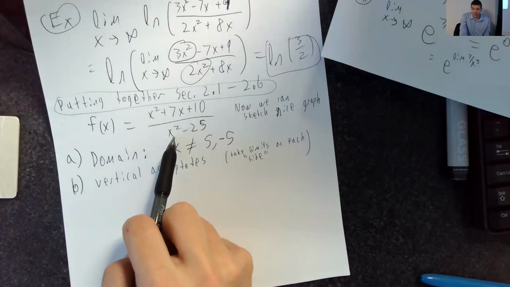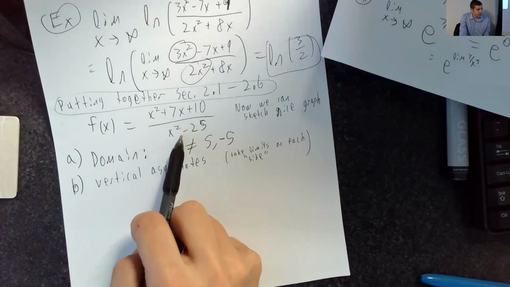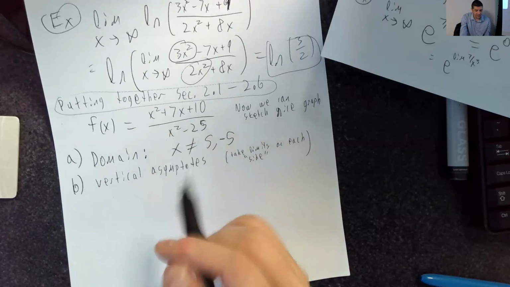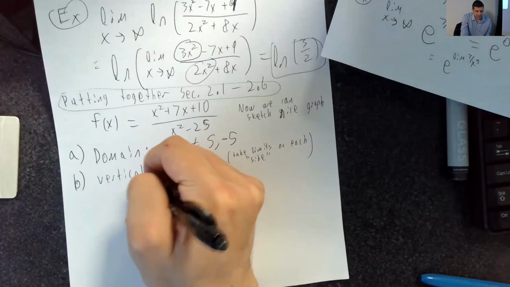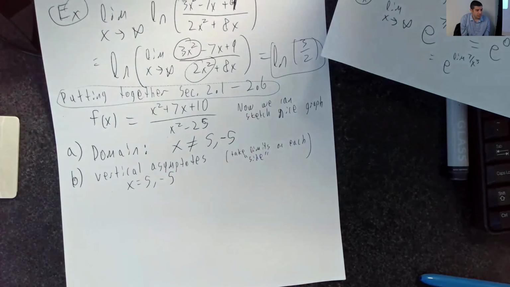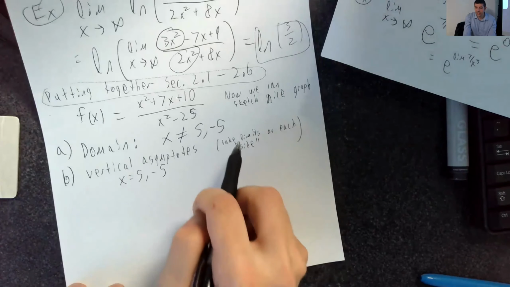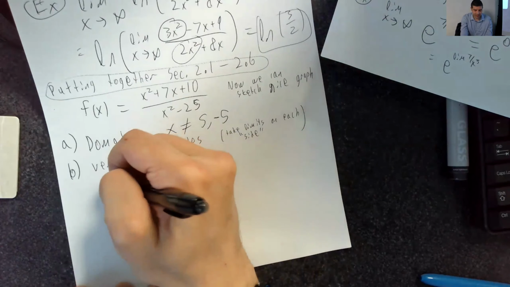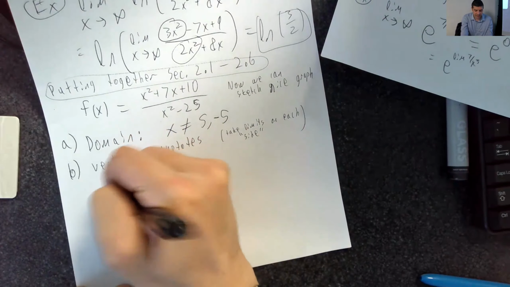The way to find vertical asymptotes is we see when our denominator is 0. When is our denominator 0? 5 and -5. So it might be a vertical asymptote or it might be a hole. Just depends if it's C over 0 or 0 over 0. So we have to figure that out. That's why you'll have to take limits. You're going to have to test every single case.